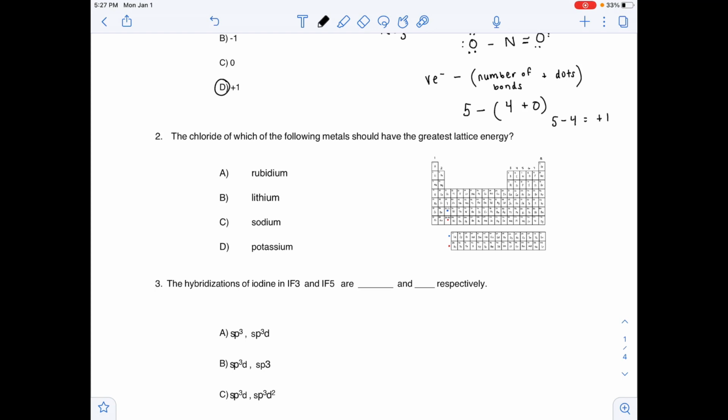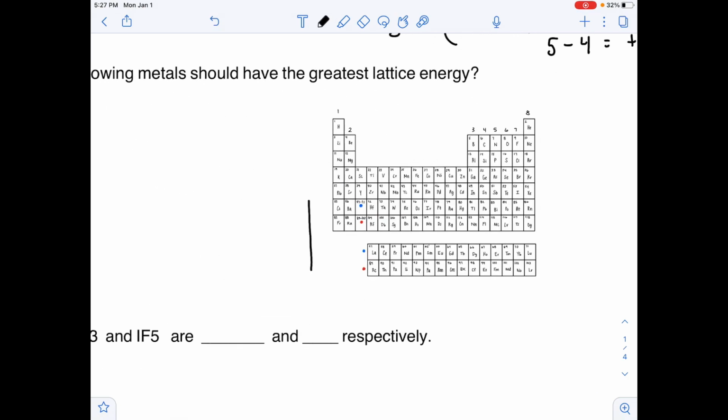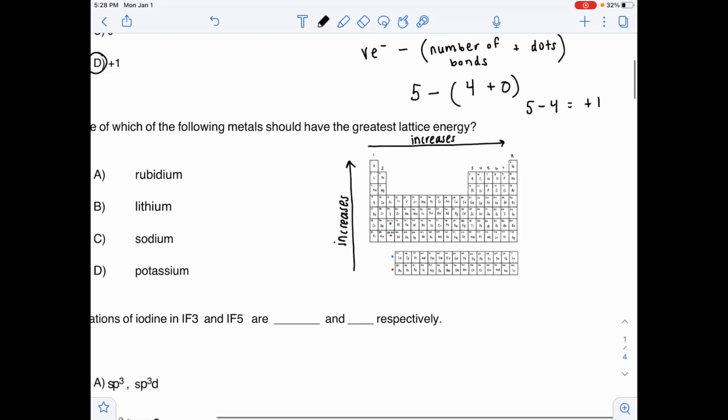For number 2, it says the chloride of which of the following metals should have the greatest lattice energy. This is a periodic trend, and you have to know that as we go up, the lattice energy increases, and as we go from left to right, the lattice energy increases.